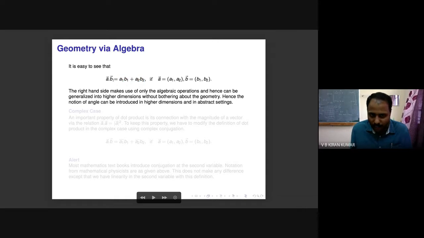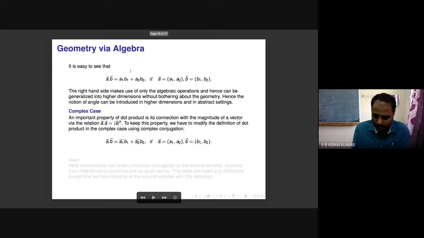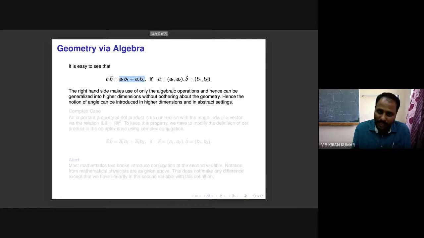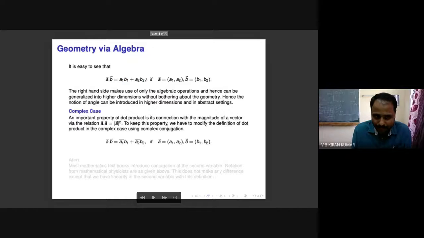We have already seen that if you know the dot product, we can compute the angle. But the right-hand side is purely algebraic, and you can extend it to higher dimensions, where you don't have any geometry or angle, or it is difficult to compute the angle. That is the advantage of this algebraic identity. Therefore, the dot product is something we are going to generalize to higher dimensions, so that I can generalize the geometry to the higher dimensional case.